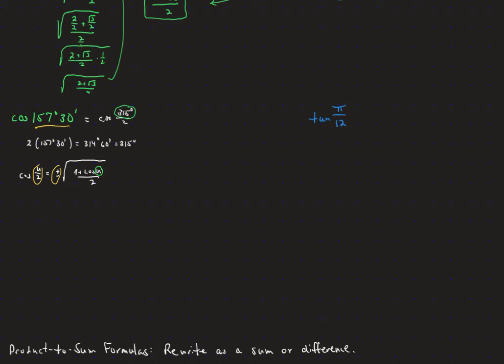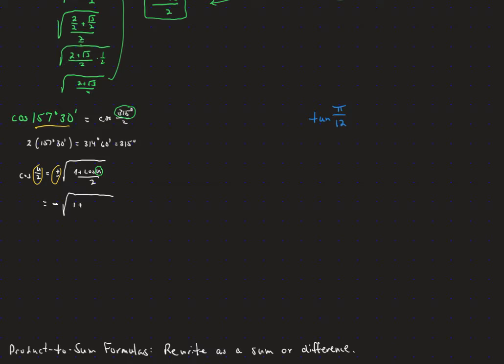So 157 degrees, 30 minutes is in between 90 and 180. That's in quadrant 2, and a cosine in quadrant 2 is negative. That's typically one of the harder things to find in doing these half-angle problems.